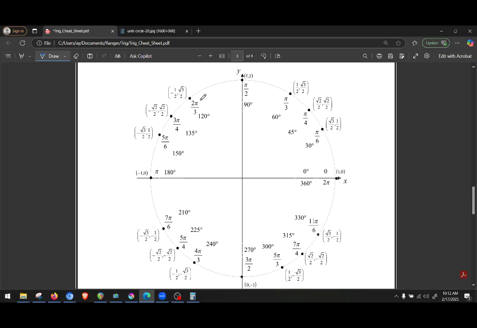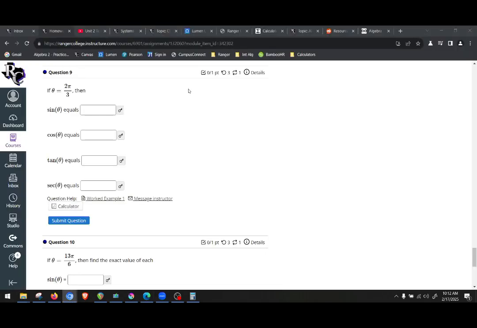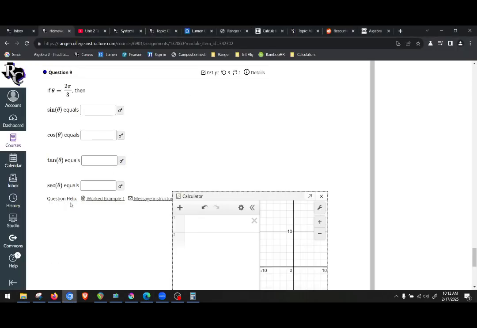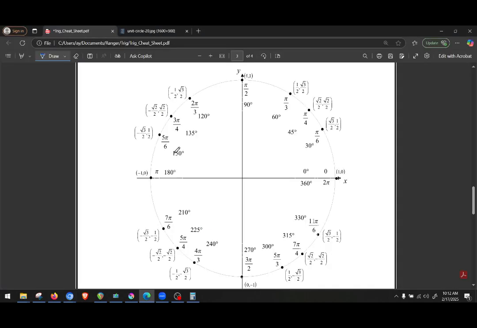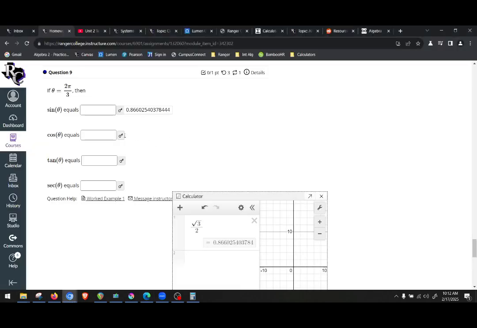That's here at 120 degrees. And sine is y, so square root 3 over 2. And cosine would be our x value, so negative 1/2.